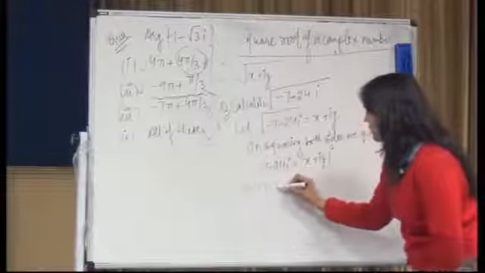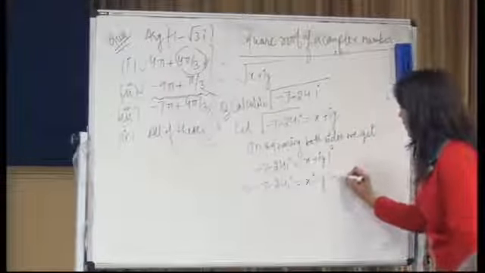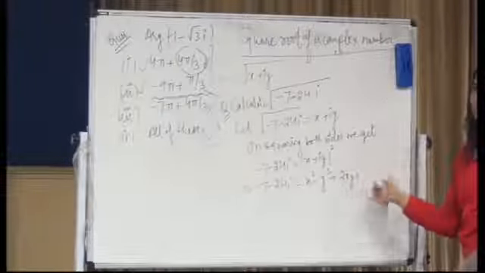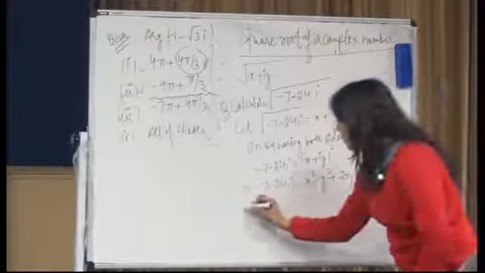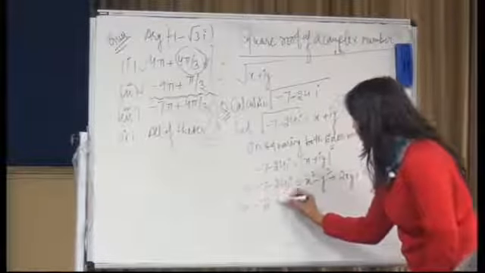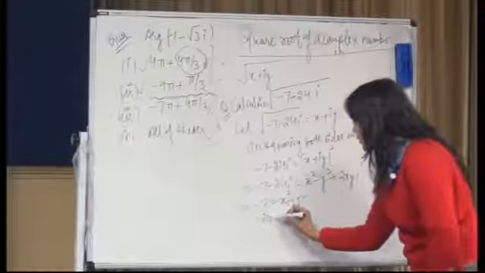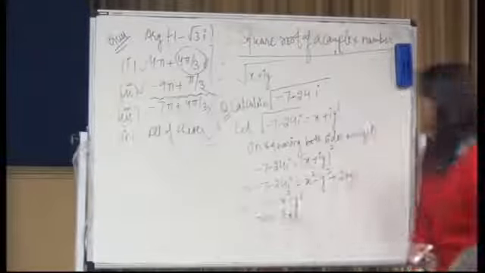So now you can easily open. How do we compare two complex numbers? Because the two complex numbers are in equal form, we equate real with real and imaginary with imaginary. So 2xy, I am keeping as it is. So you are getting two equations.